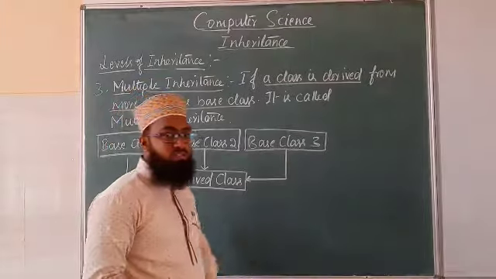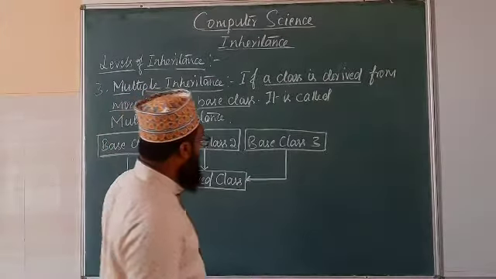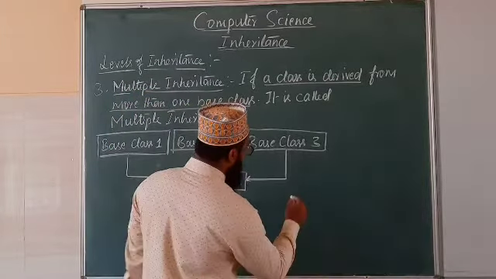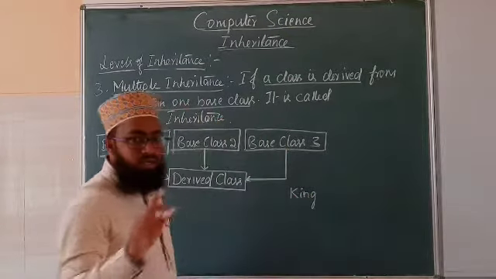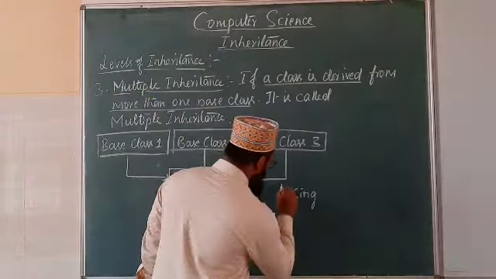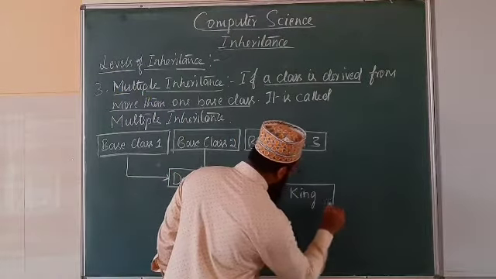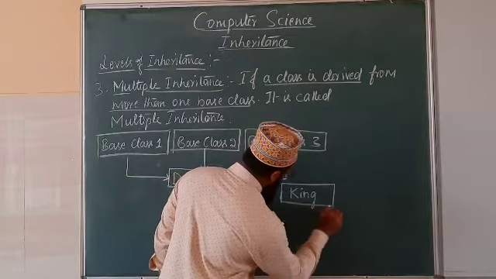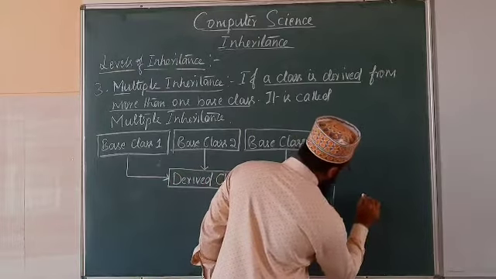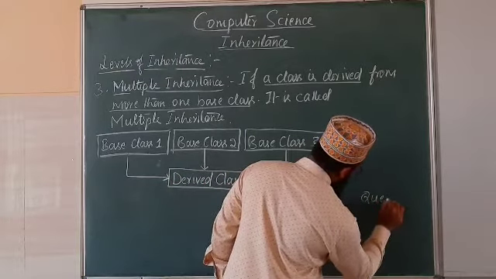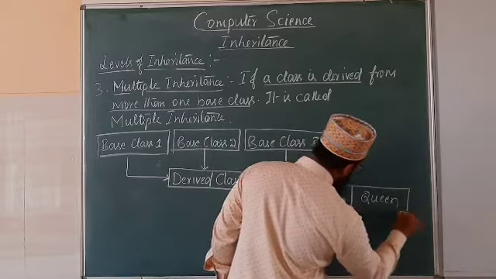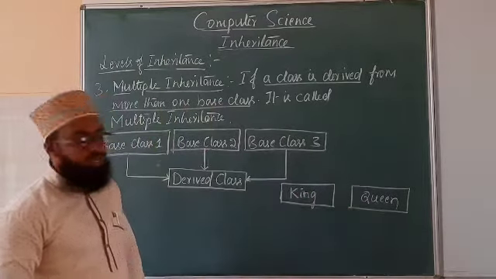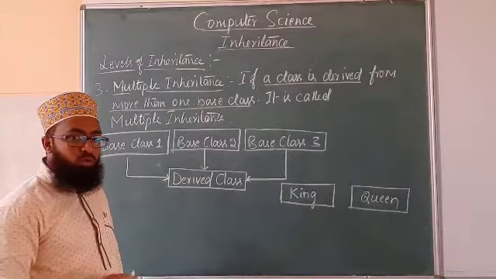And how can we give one more example for this? I will give you a simple example. Take king as one base class. King is a base class. Then take queen as one more base class.